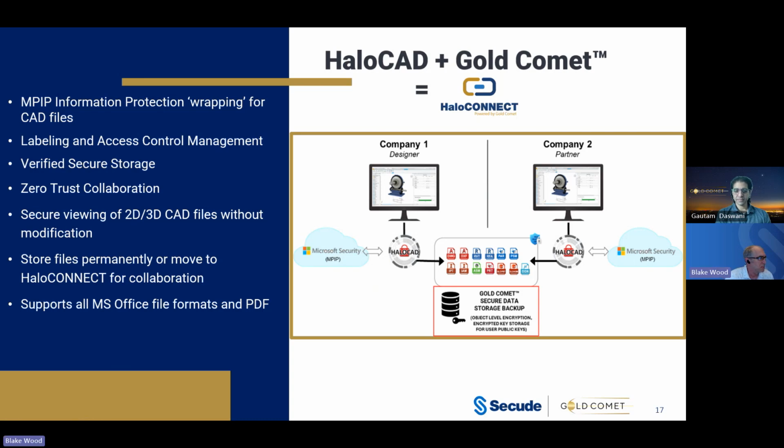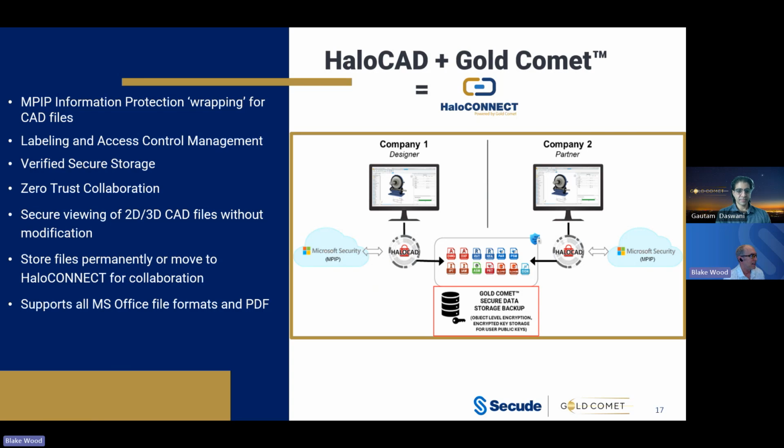Okay, so this is the combined offering from Secud and Gold Comet. It involves files that are protected with the Halo CAD technology, which I just walked you through, which are being wrapped with Microsoft Purview Information Protection, also with sensitivity labeling, which includes a level of access control and other features and functions that I mentioned, the ability to truncate application functions, for instance.